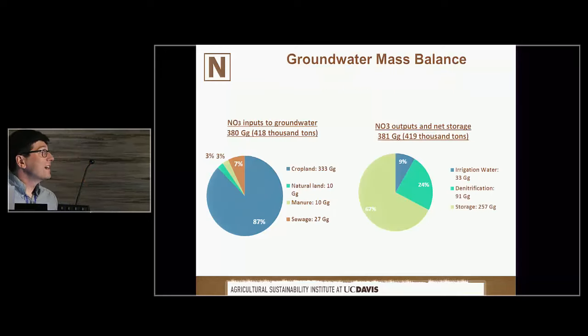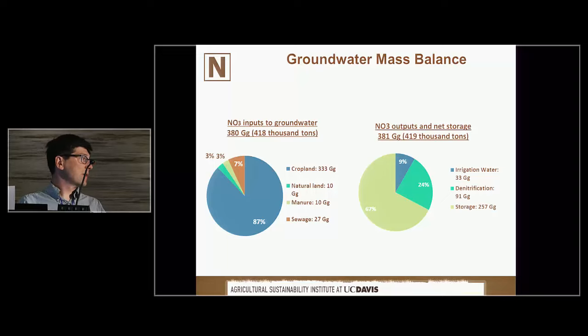And then finally, the last subsystem I'll talk about today is the groundwater. By far the dominant source of nitrate to groundwater is from cropland. So almost 90% of the nitrate to groundwater is coming from cropland.